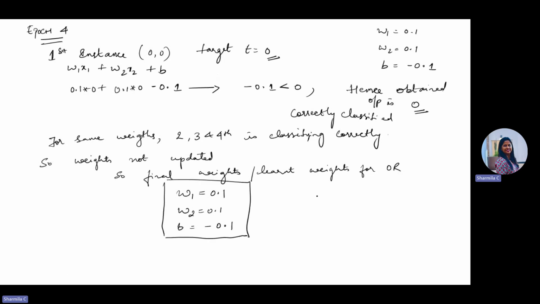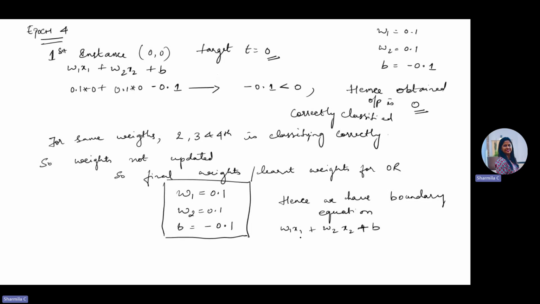Now with this, we'll have a boundary equation. So we have the boundary equation, that is W1 into X1 plus W2 into X2 plus bias value.